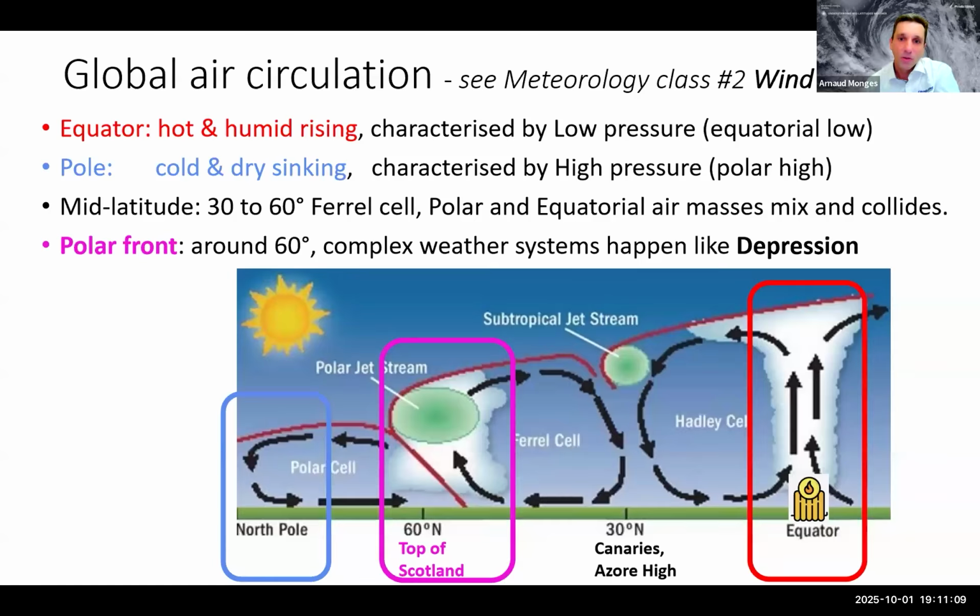But if you are at 30 degrees north, this is, for example, the Canary Islands with the Azores High, with nice weather. So once again, today, this webinar is focusing on this side of the Ferrel cell. It can extend to 40, 45 degrees, especially in winter. The storms go further south in the cell.